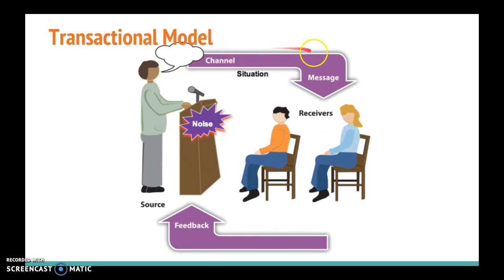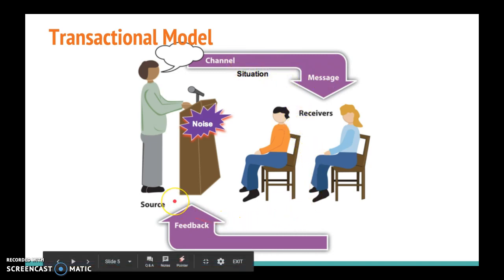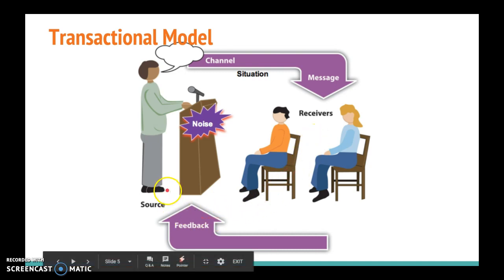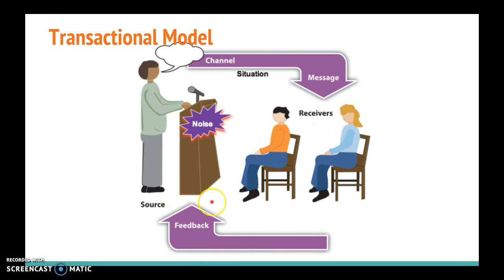So the source sends a message through a channel to receivers, who then send feedback back to the source. This feedback is messages that are sent by the receivers to the source. Usually, these messages are nonverbal. Think about it like you are sitting in a lecture.